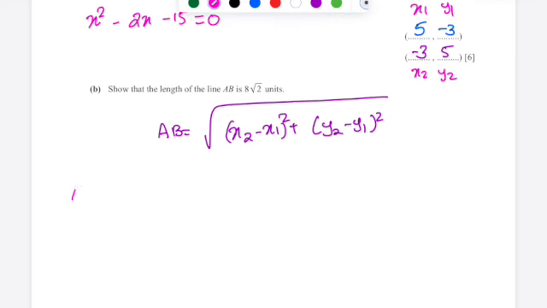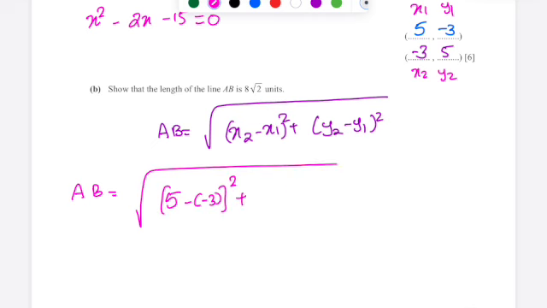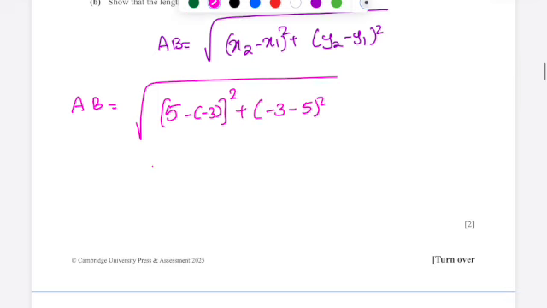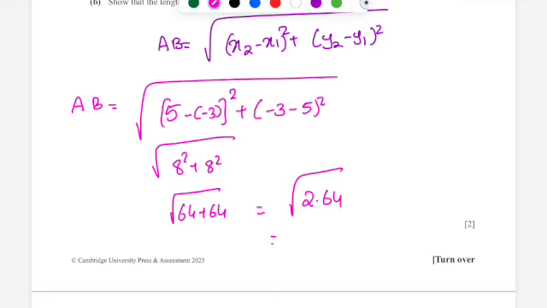So AB is going to be square root of (5 minus minus 3) whole square plus (minus 3 minus 5) whole square, which is going to be 8 square plus 8 square, which is 64 plus 64, which is 2 times 64, which is square root 2 times square root 64, which is going to be 8 square root 2.